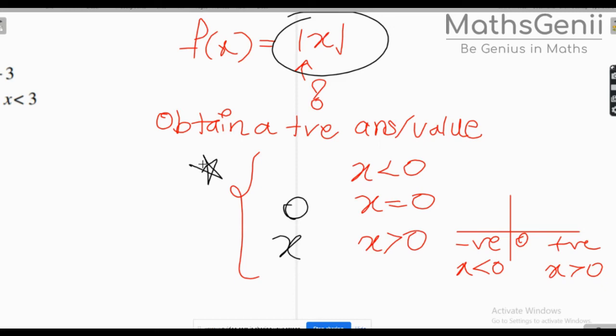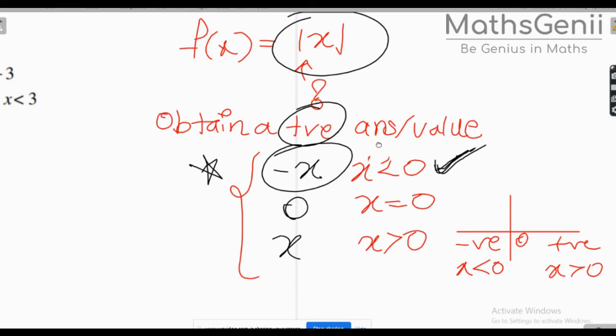Now the catch here is, what will you do for x less than 0? For x less than 0, you're getting negative. Now what will you do? So I'm going to write here minus x. Now understand why I'm writing it as minus x. What is my aim? Aim is to obtain a positive answer.